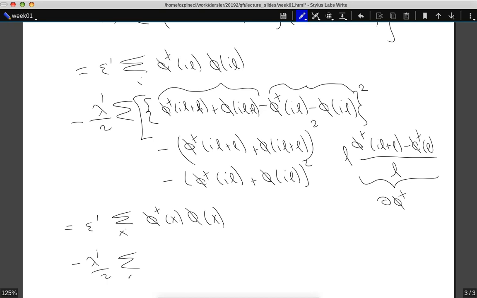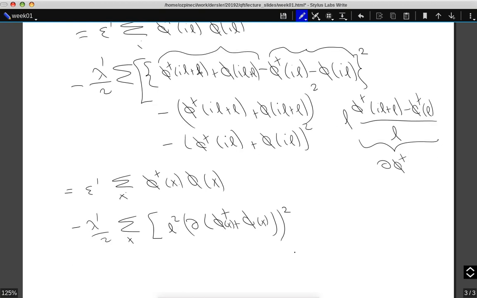We have sum over x. There is a square, so there is an L squared derivative of phi dagger plus phi, all of this thing squared. Minus, well, the other piece, there is nothing we do about that.